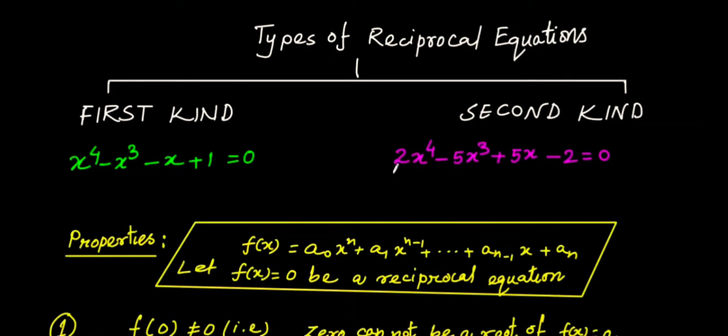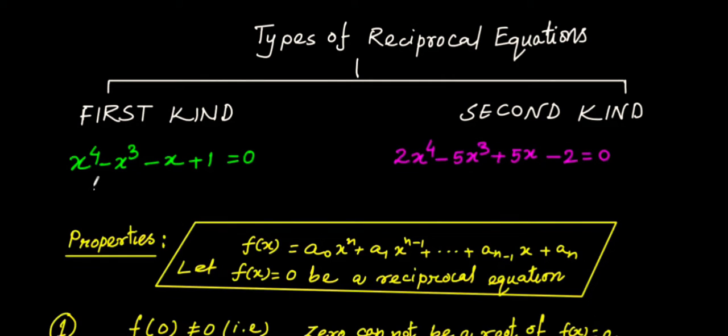Now let's talk about types of reciprocal equation. Reciprocal equations are of two types: first kind and second kind. In the first kind, the coefficients of equidistant terms from the beginning and the end are equal in magnitude and also of the same sign.